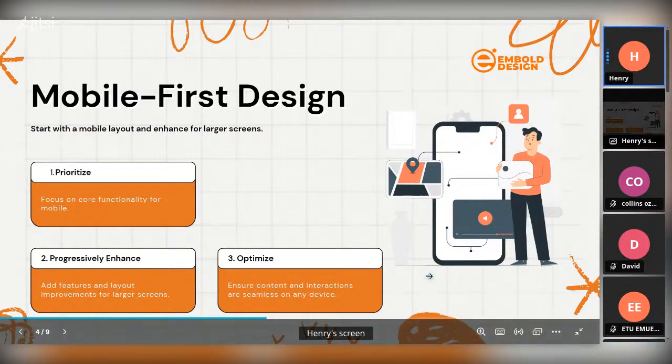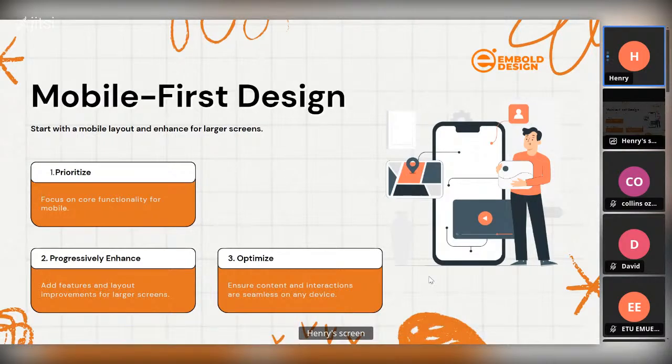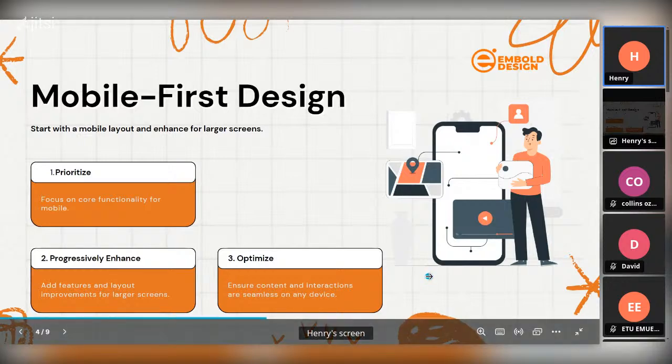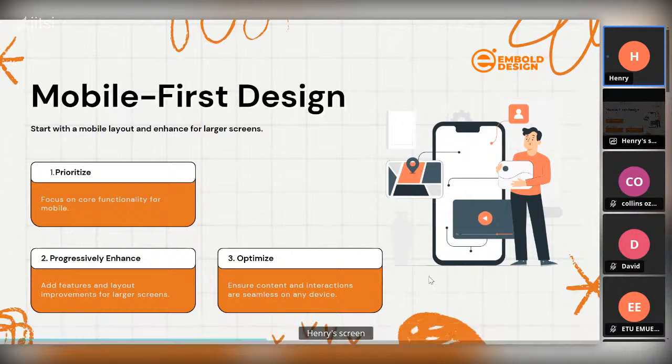One of the advantages is that it ensures your content is well optimized, because they are just the most important elements that the product needs. Those are the things you put on the mobile screen design. But as you move up, you can begin to introduce other elements.